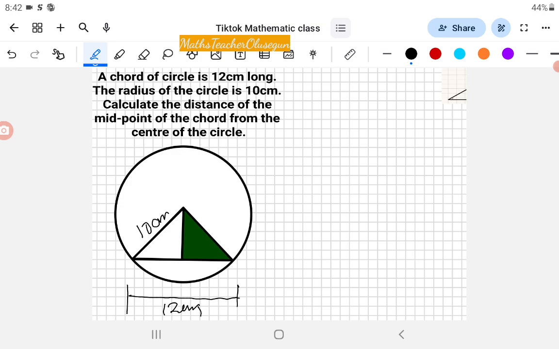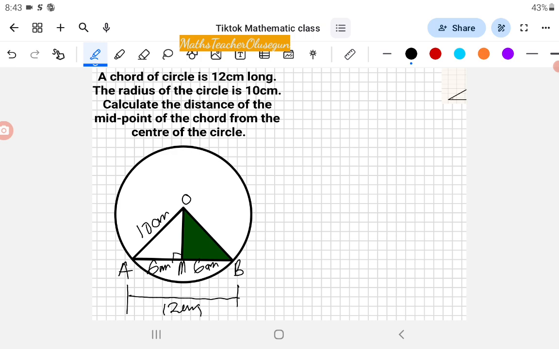Calculate the distance of the midpoint of the chord from the center of the circle. We have O, so the midpoint of the chord is here. We represent it by M. Let's label the ends A and B. This is M. We want to calculate OM because we have been given the radius. When you divide the chord at M, we have 6 centimeters.